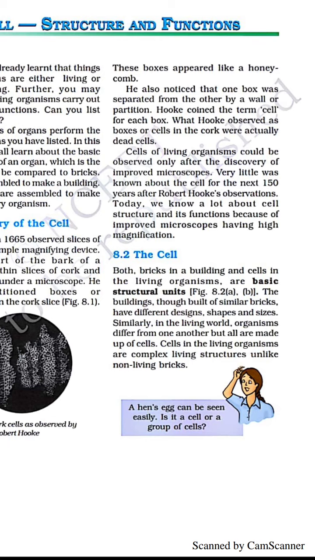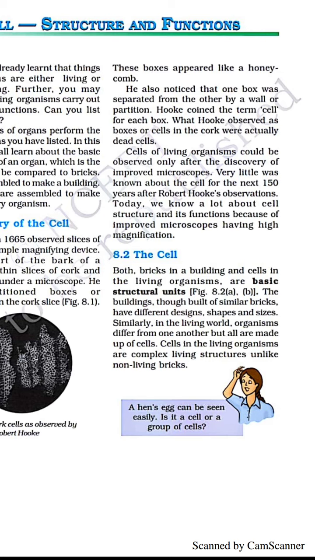After that, he thought that the cells of living organisms can also be present, similar to the structure of the thin slices of the cork. But at that time, he could not do that, because the microscopes were not that much improved and did not have good magnification, so they could not magnify an object properly.